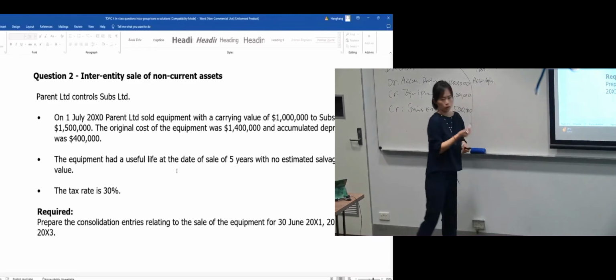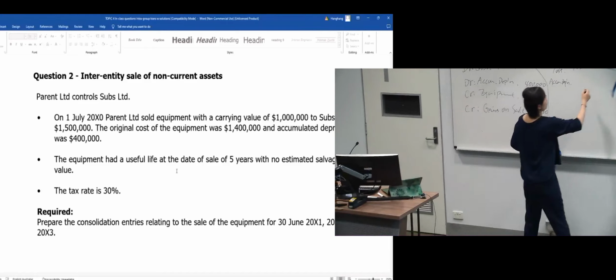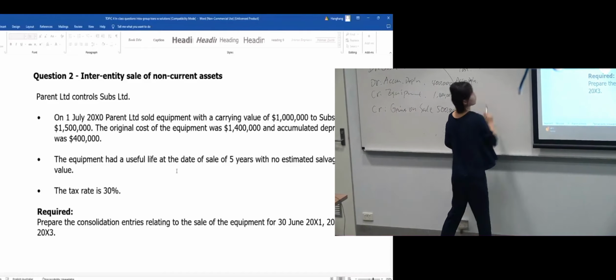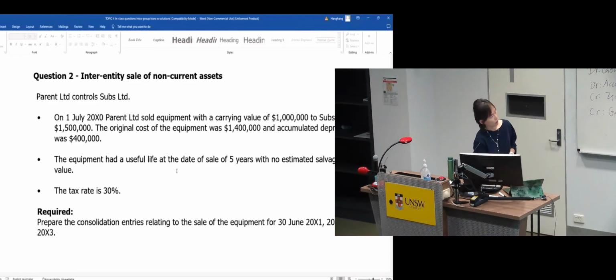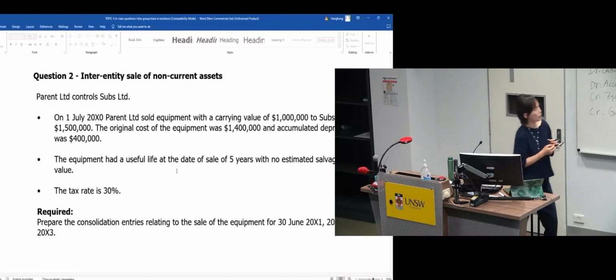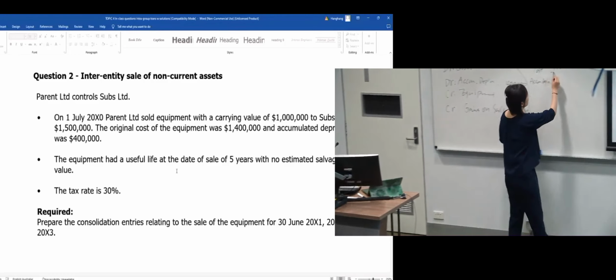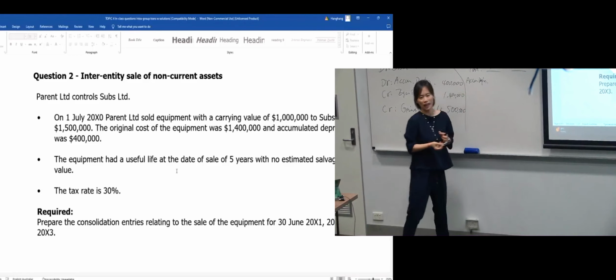The group cost is 1.4 million, because the group position is the parent's position immediately before the sale for this item. So you can see this item's original cost is 1.4 million, therefore it is also the original cost to the group. This difference represents your adjustment.